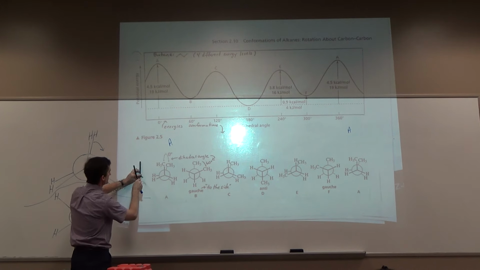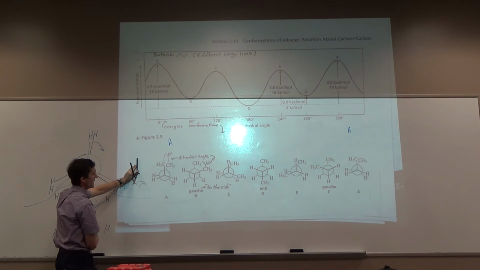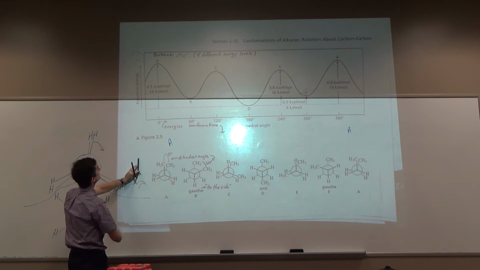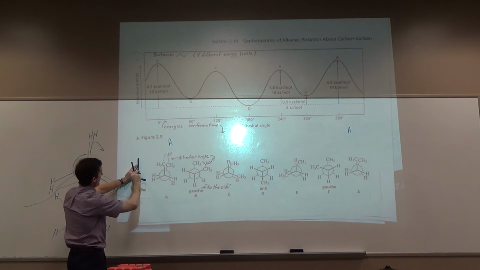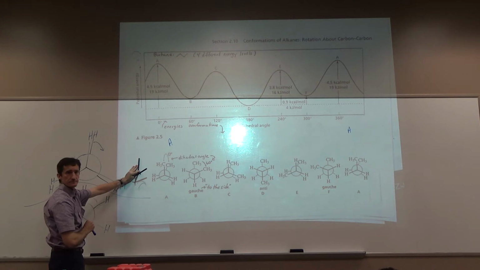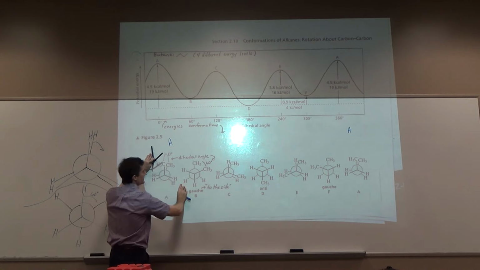Let's go through this. What do you want to call this? First off, it's staggered. I'm sorry, not staggered, eclipsed. Okay? Eclipsed. And that's A, B, C here. Let's rotate this 60 degrees. What do we have? Staggered. We have this.